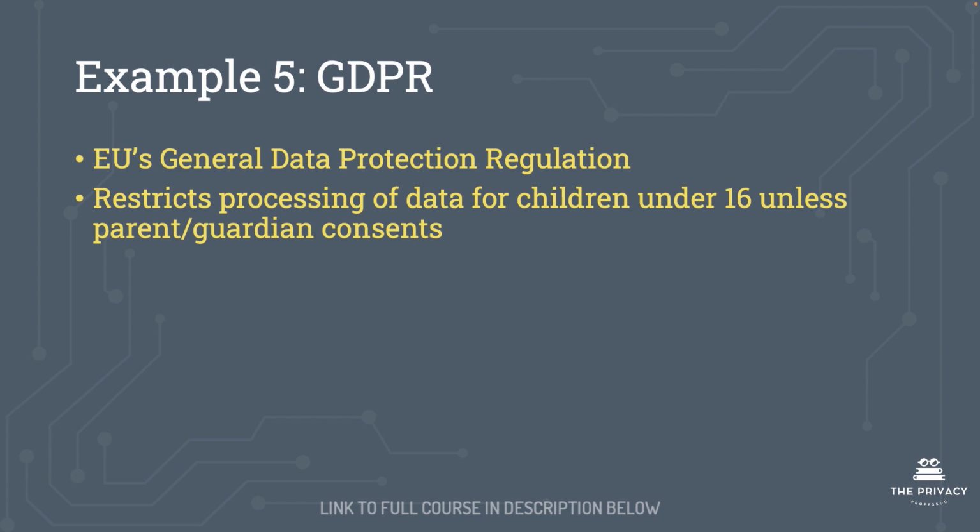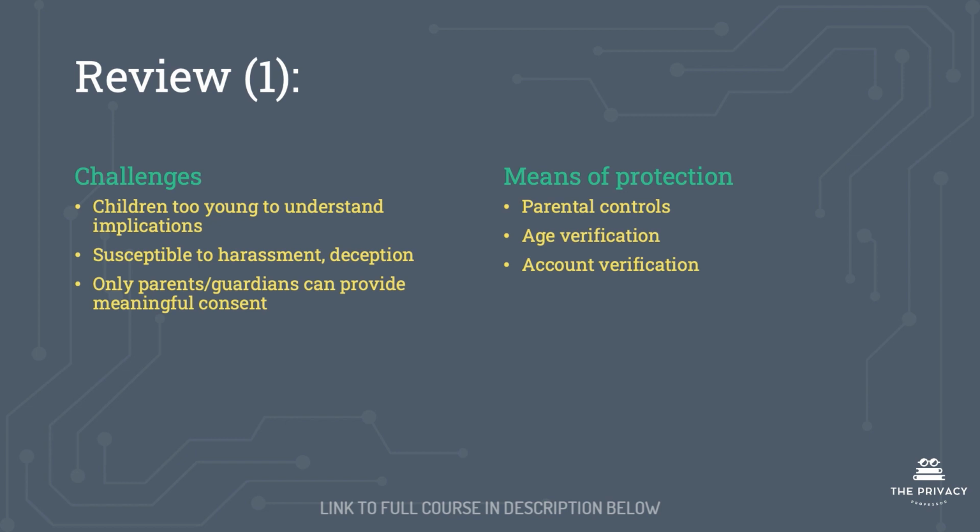In this lecture, we reviewed several challenges concerning children's privacy. Those challenges include the fact that children are too young to understand the implications of data collection, that children are susceptible to harassment and deception, and that only parents or guardians can provide meaningful consent. Regarding means of protection, we discussed parental controls, age verification, and account verification.